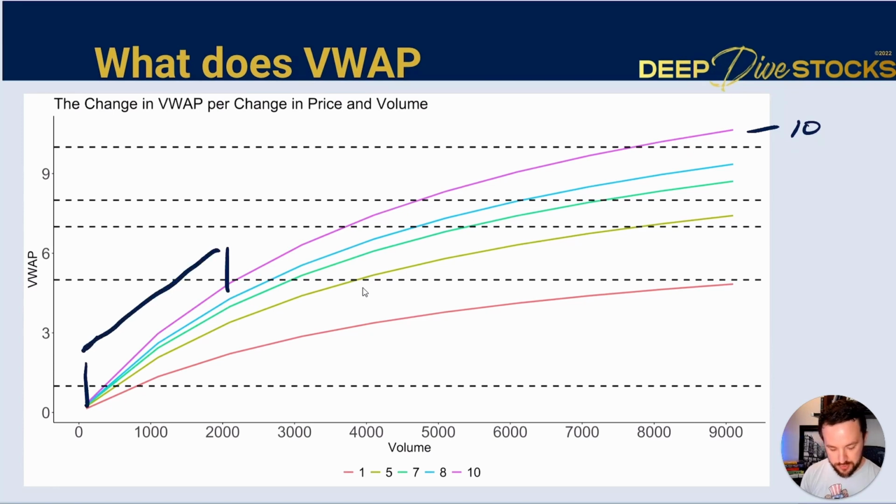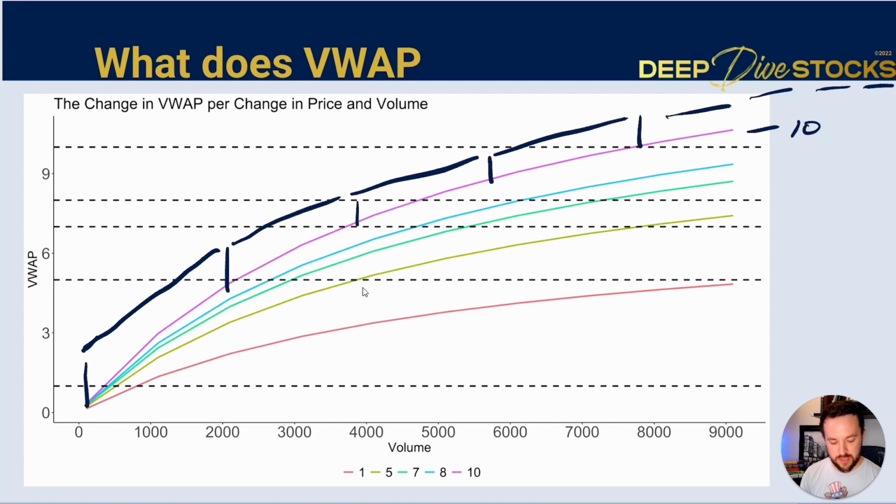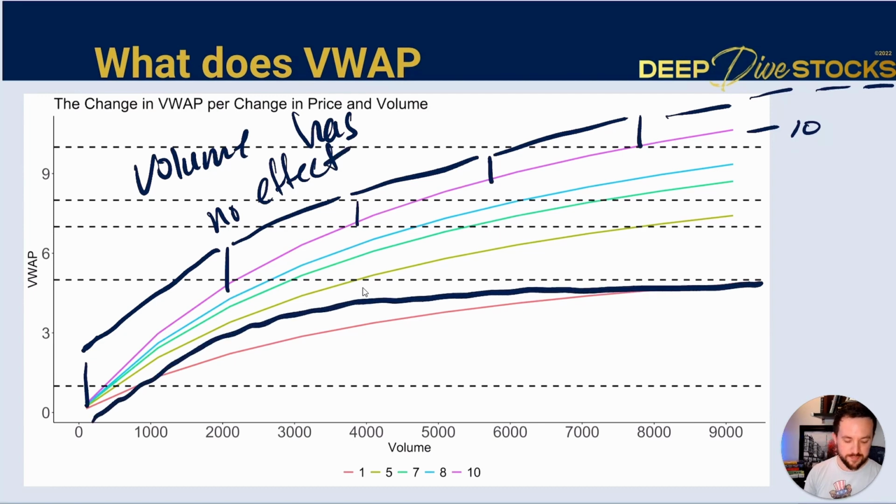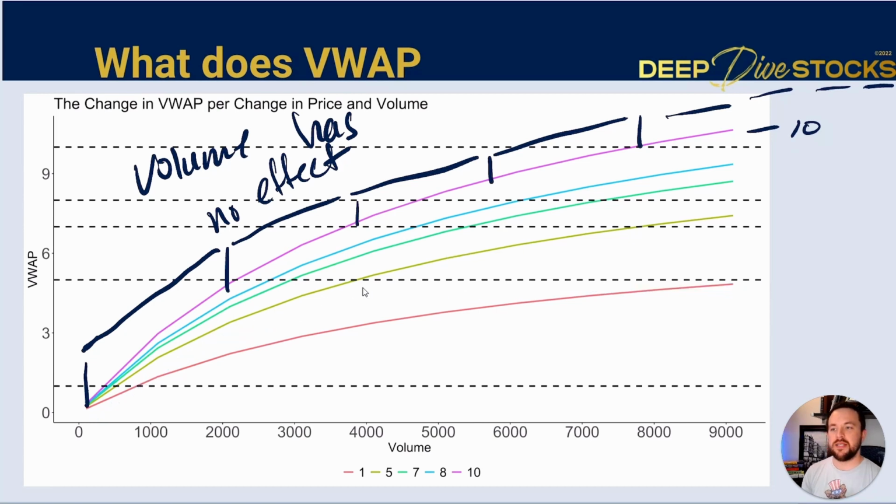But if we go from 2,000 to 4,000, that's slightly less of a jump. 4,000 to 6,000, even less of a jump. 6,000 to 8,000, even less. And this will continue until eventually volume has no effect, as this curve flattens out. So VWAP has a diminishing return when it comes to monitoring liquidity through volume and how it relates to the change in price.